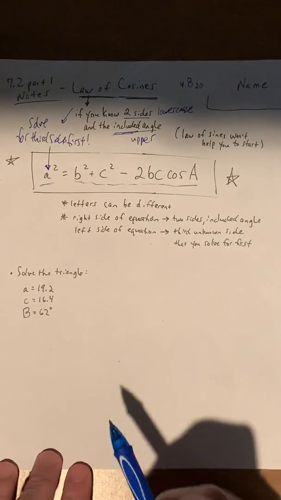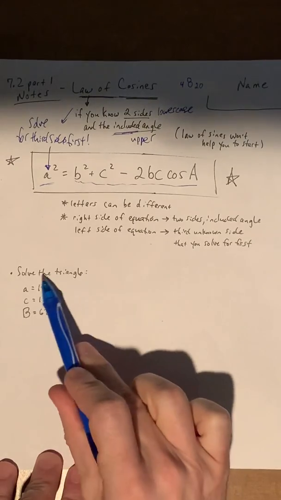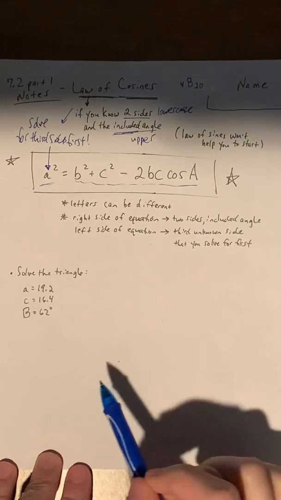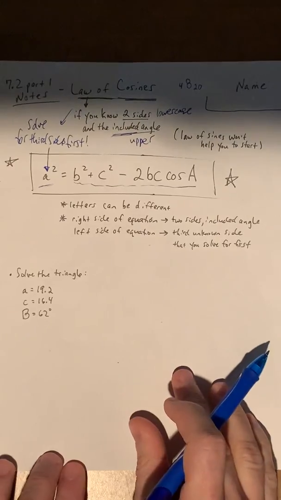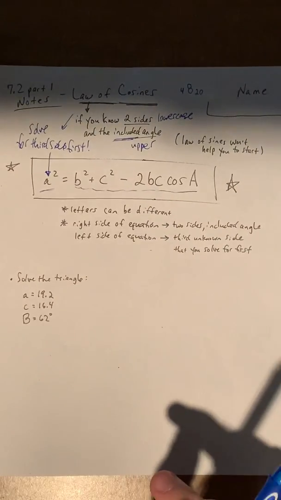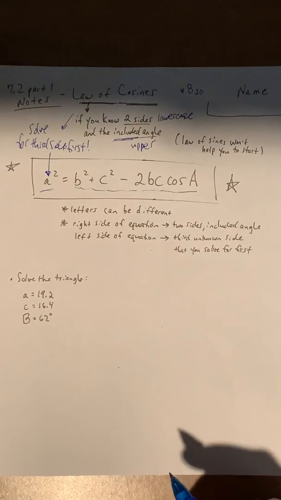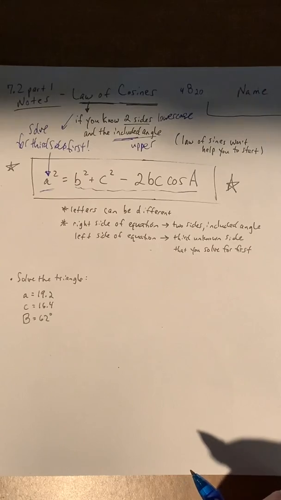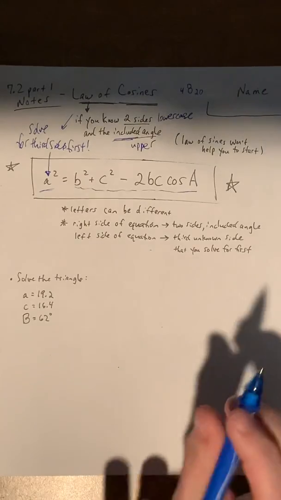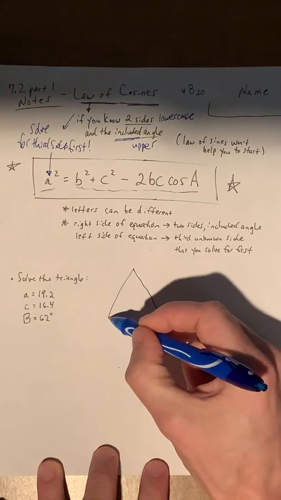All right, now you might be given the triangle sketched out. You might not. You might just be given the information like right here. Either way, you can do the problem using the equation. Just in case you're given the actual sketch or triangle drawn out, let's go ahead and sketch it out for this example. So just a generic triangle ABC will work.